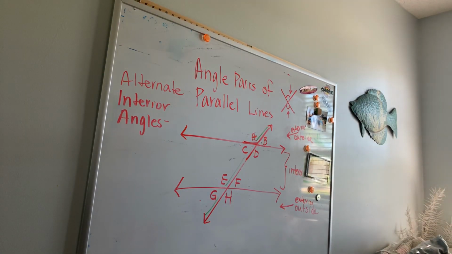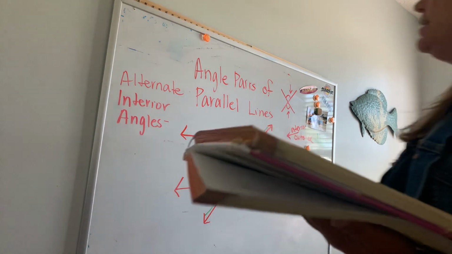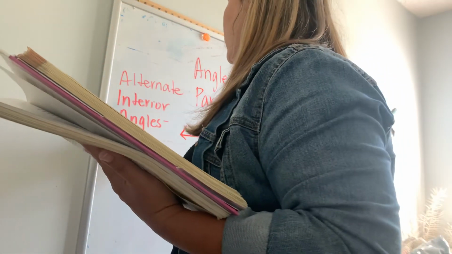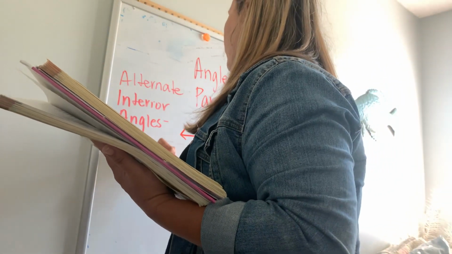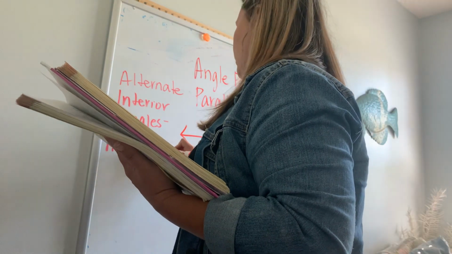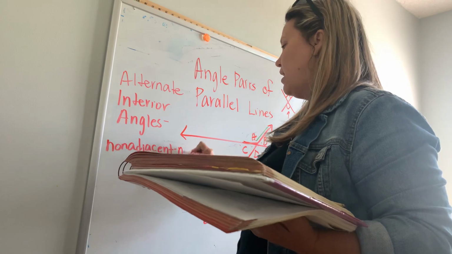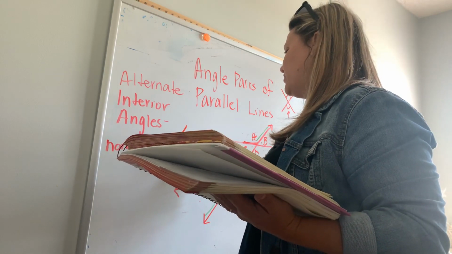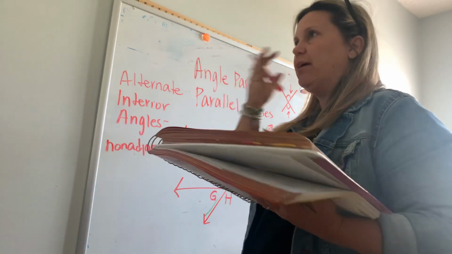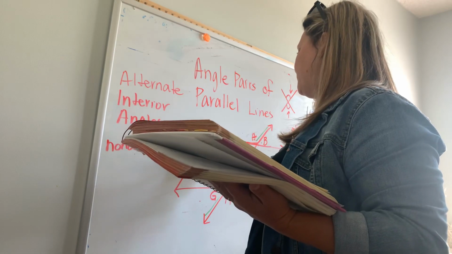It is a pair of non-adjacent interior angles on opposite sides of the transversal. So non-adjacent means not next to each other. I'm going to go over what they write and then I will translate it into real words. Non-adjacent means they are not touching. They're not sharing a side, so they're not next to each other.